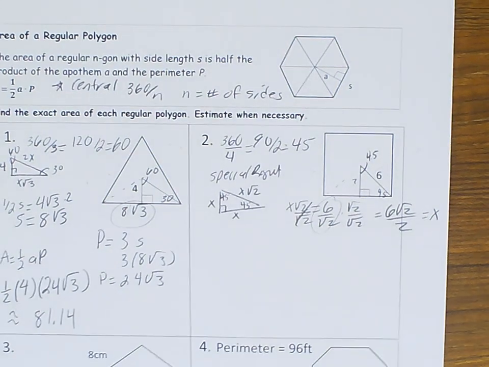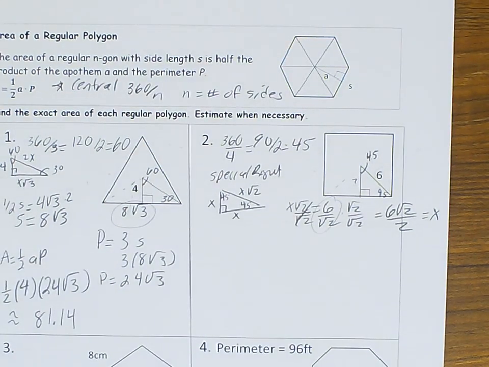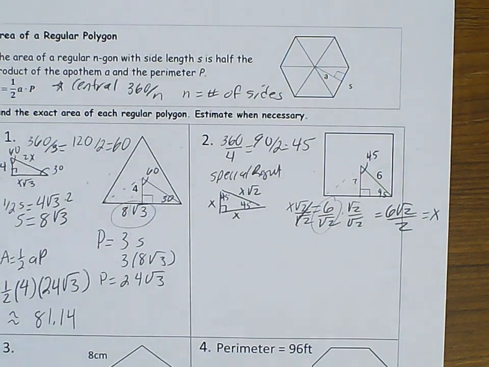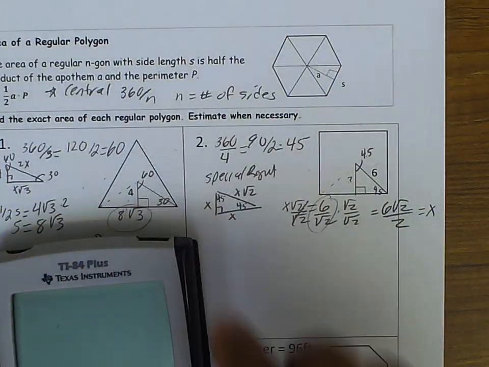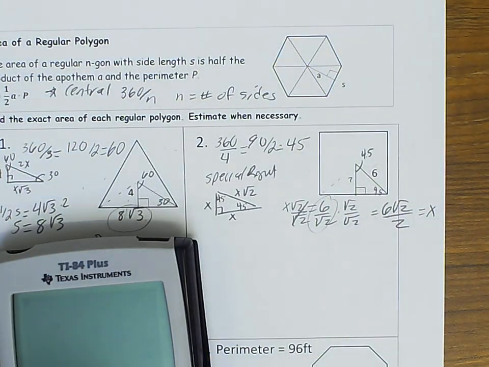If we want to see what that is, let's get our calculators and put that in, because like I said, you could have just done this. 6 divided by the radical 2, and it comes out to about 4.24. I should have put all this in parentheses, though.